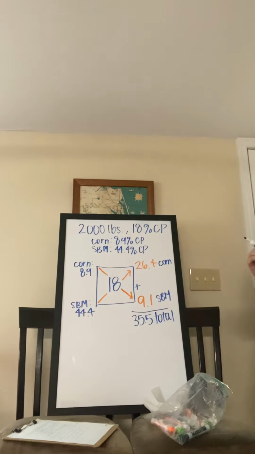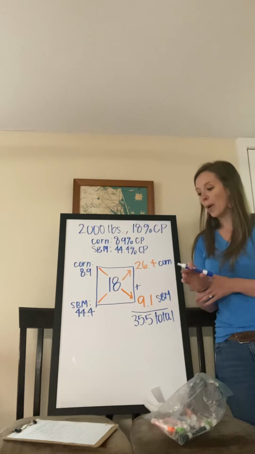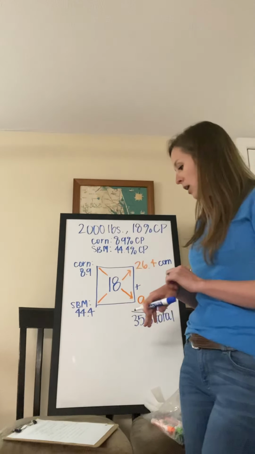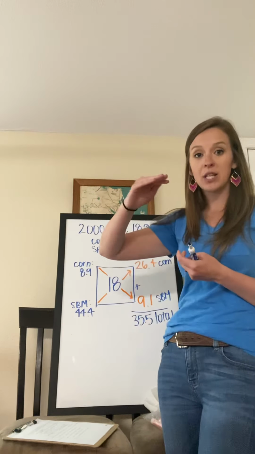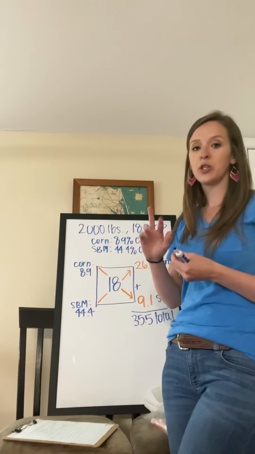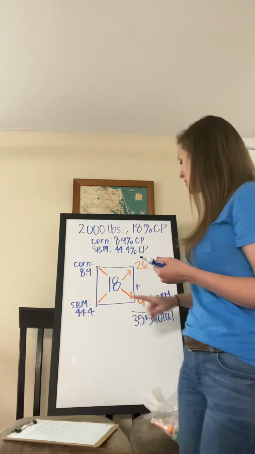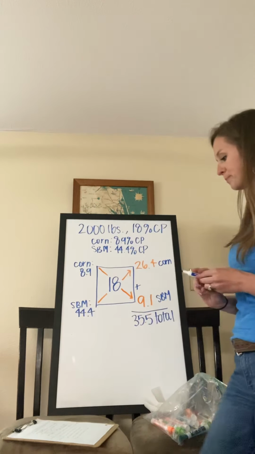I know that doesn't really have a unit. We're not in pounds or percentages yet, but we're about to find out the percentage and pounds of corn and soybean meal that we need. So this is getting us to that step.